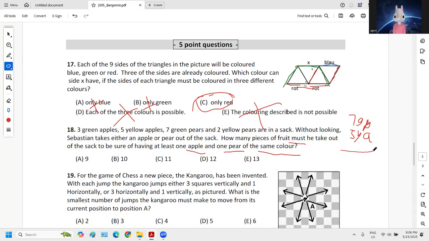And if they add together equals 12 pieces of fruit. So now if we take one more piece of fruit, then it would be plus 1 equals 13. So then E is the answer.